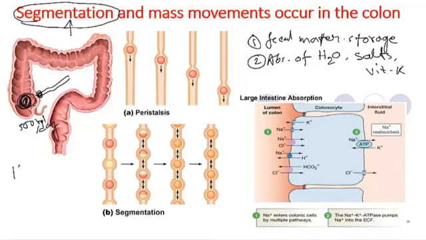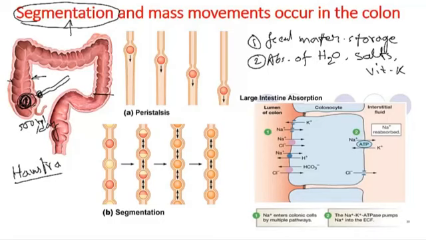These pouches are formed in the transverse to descending colon, from the cecum, then the transverse colon, till the descending colon.